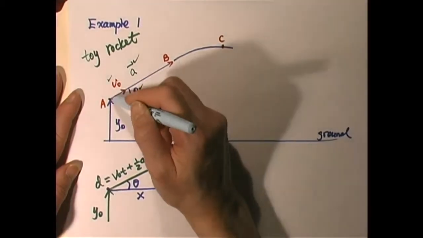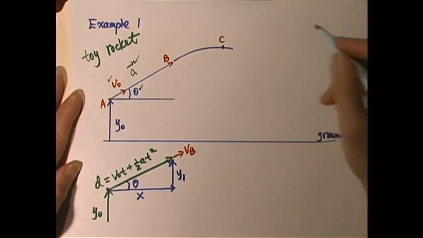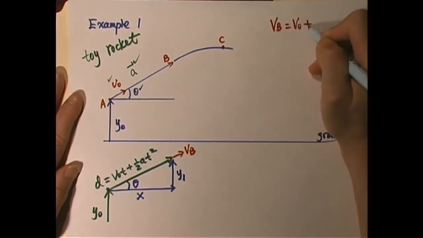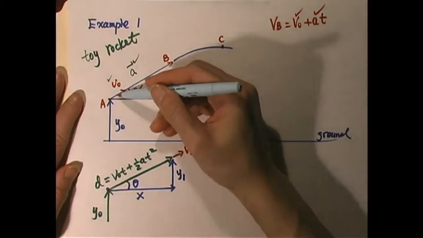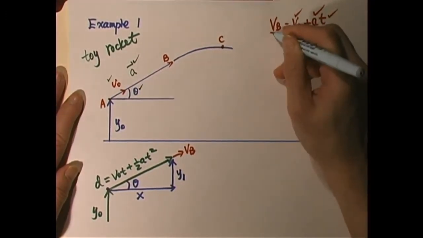Since initial velocity and acceleration are in the same direction along the line AB, VB simply follows the initial velocity plus at, because V initial and a are in the same direction along this AB line, for t seconds. That is your VB.